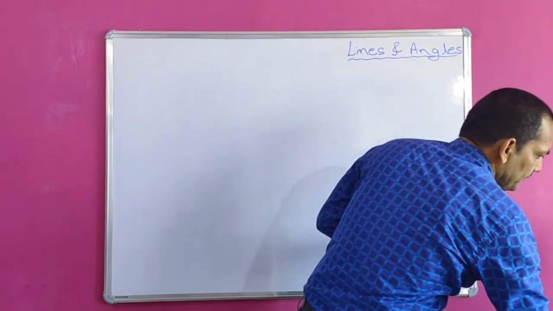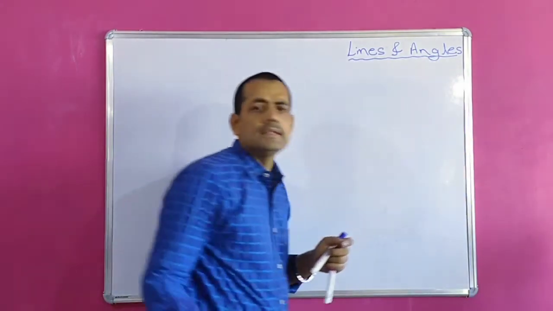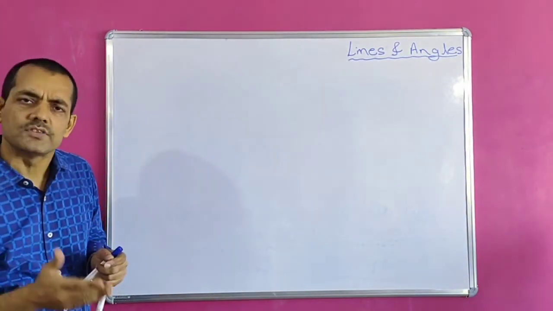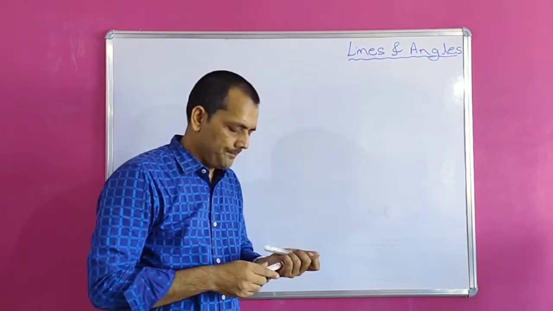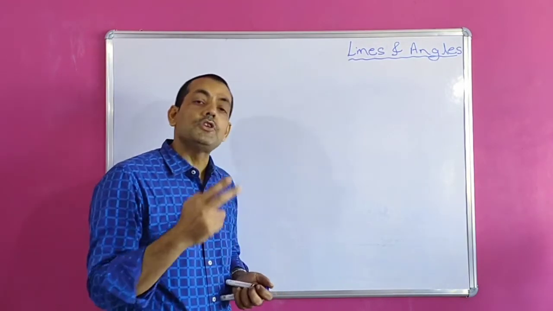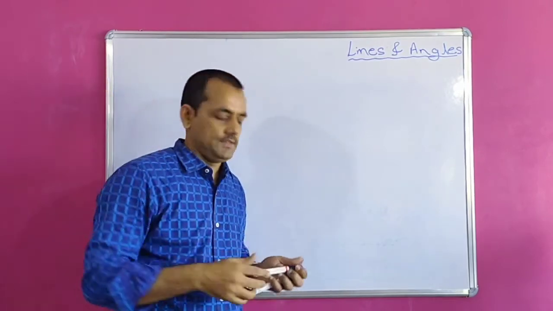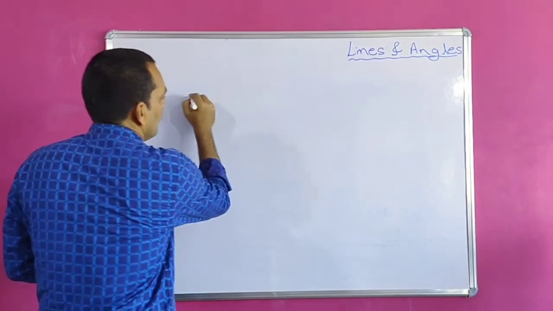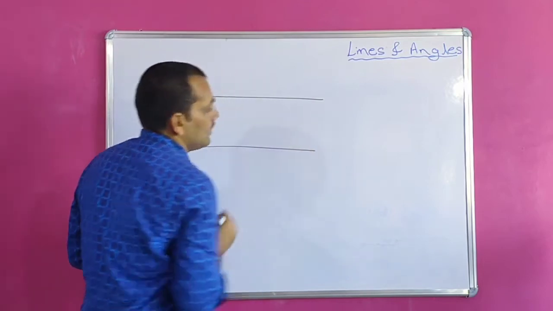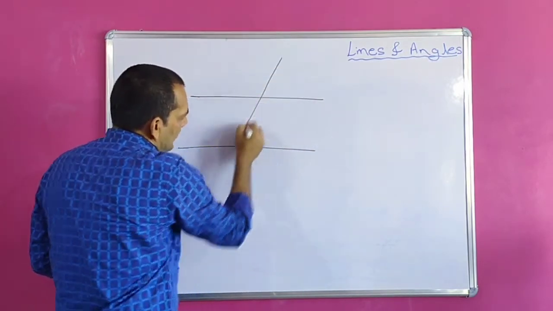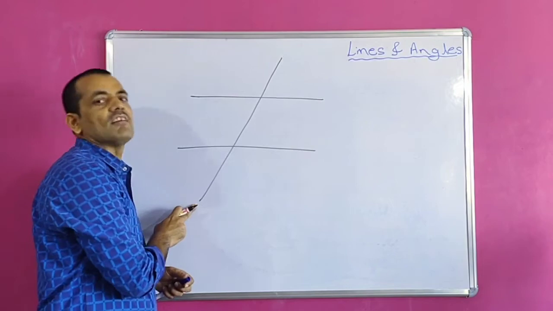What if there are parallel lines intersected by a transversal? What is a transversal? A line which cuts two other lines at two or more places. For example, let's say there are two lines like this and another line cutting them. This line is known as a transversal.